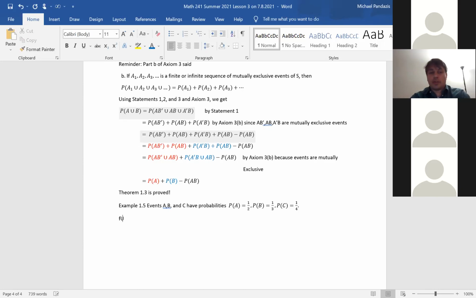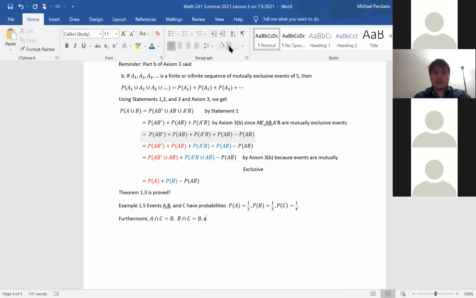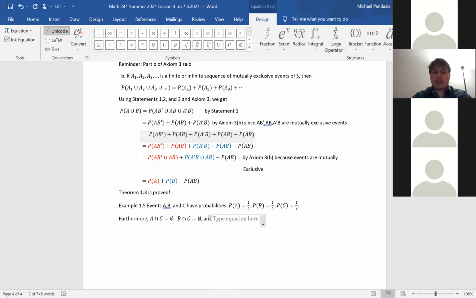Furthermore, A intersection C is equal to the empty set, and B intersection C is equal to the empty set, and P of A intersection B is equal to 1/6.